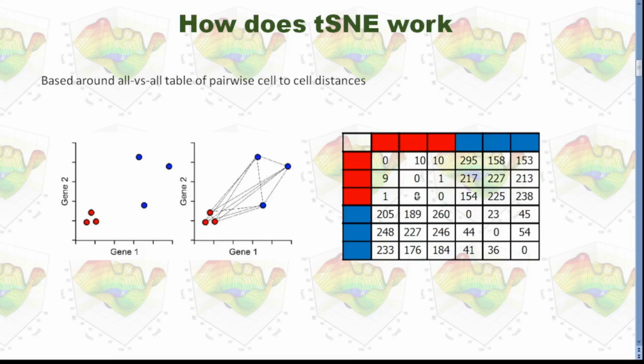And you can see in this cluster we have smaller distances, and between this cluster and this cluster we have larger distances. Among all those blue dots, we also have relatively smaller distances.